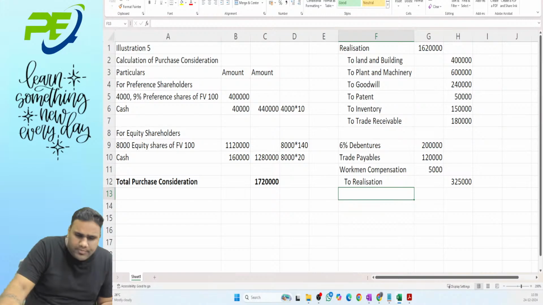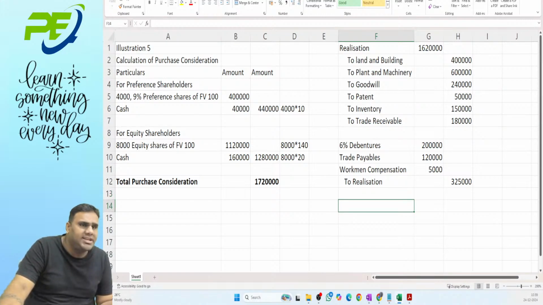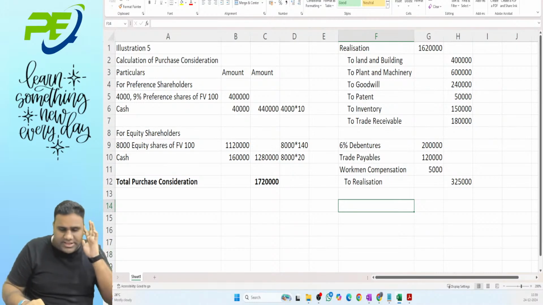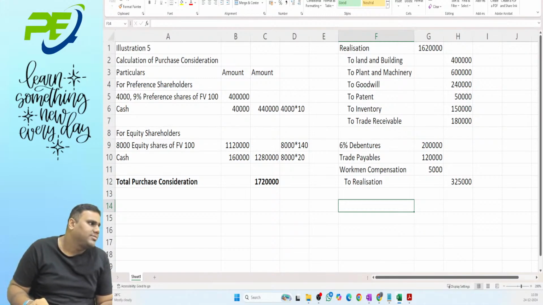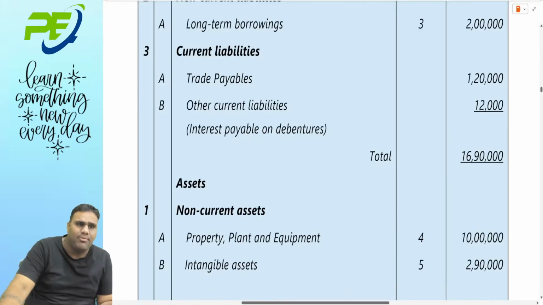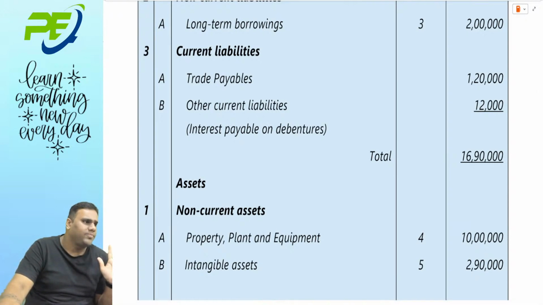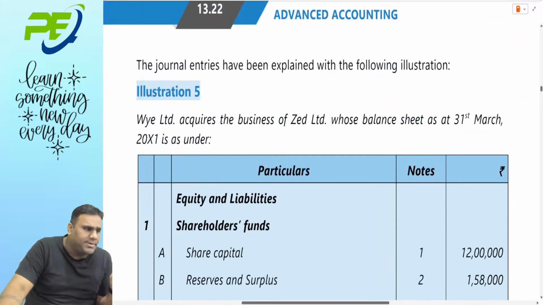Everyone, can I continue? Then the next entry is purchase consideration due. Suvidhi, journal entry. Now it's okay, but from next time onwards, if you say purchasing company, I will strike out the journal. The names of the parties are clearly mentioned. Use those. Y Limited is the purchasing company. Z Limited is the selling company.